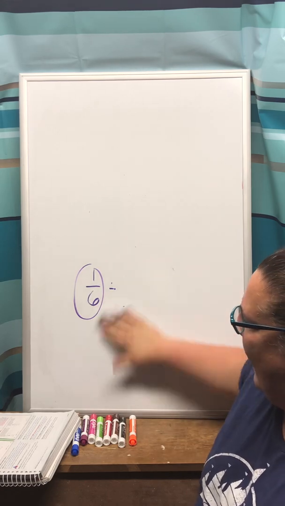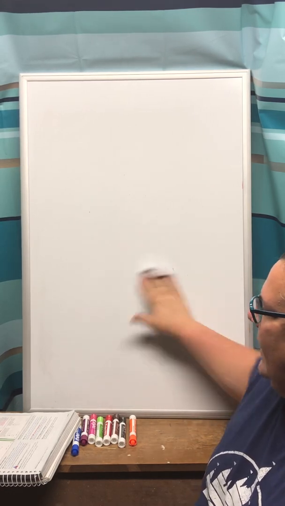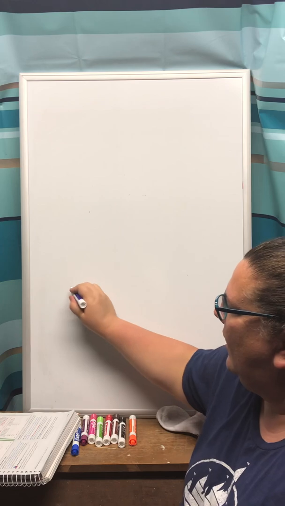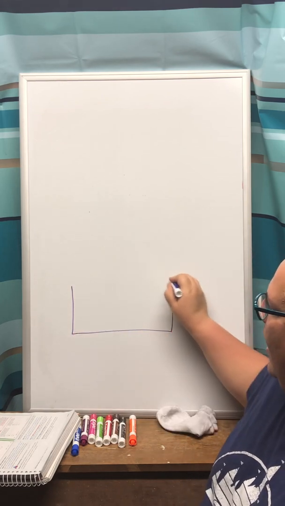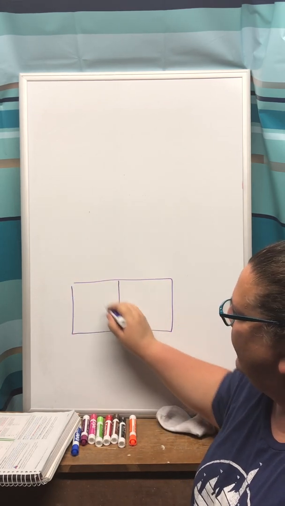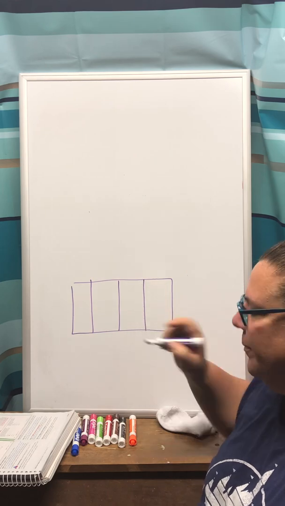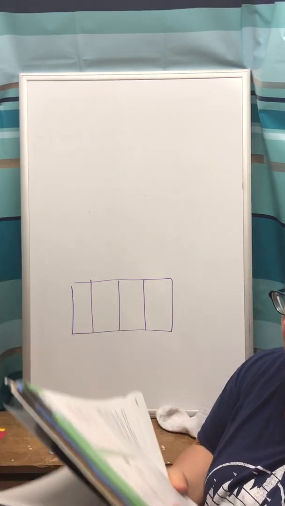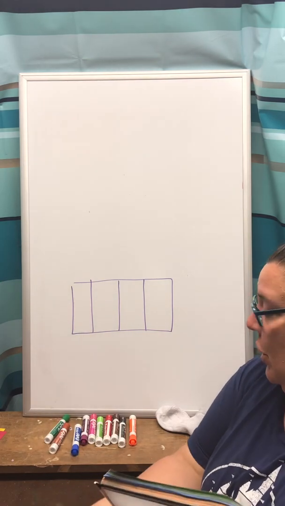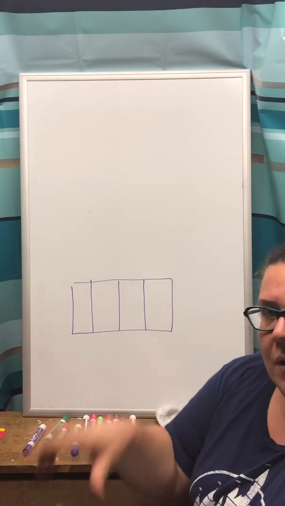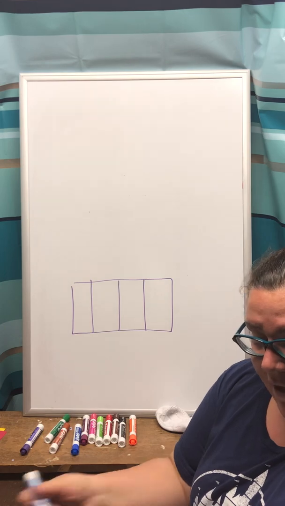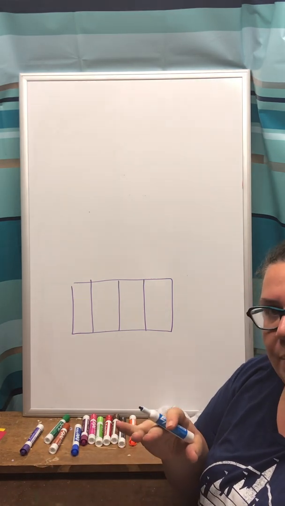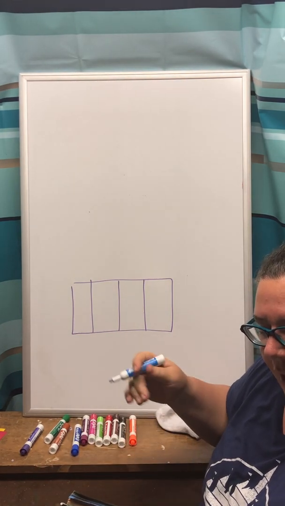Okay, and then the last section on the guided practice, they gave us this rectangle, and they want us to use the rectangle, which is cut into 4 pieces, in order to solve the problems on 3 through 6. So I'm going to use the rectangle for 2 of them, and then I will just do the multiplication for the other 2.